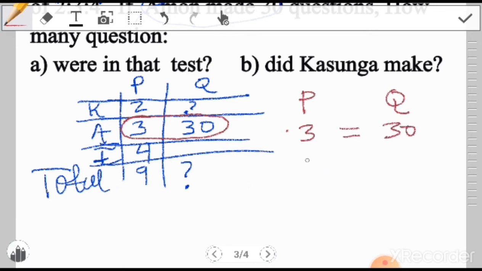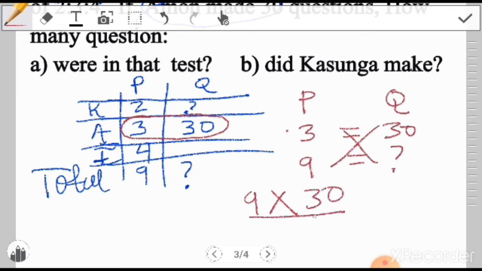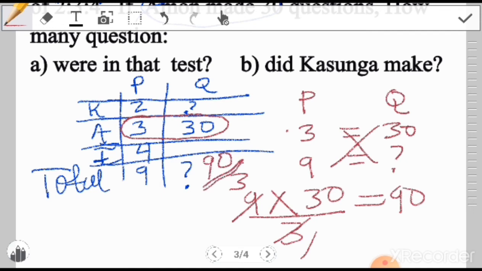Then 9 corresponds to what? We do cross multiplication. It will be 9 times 30 over 3. When we simplify here, we get 90. So there were 90 questions.